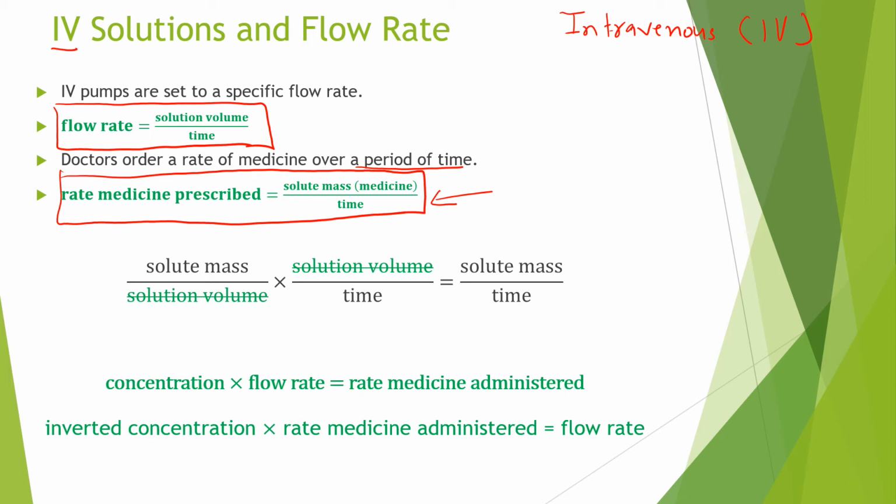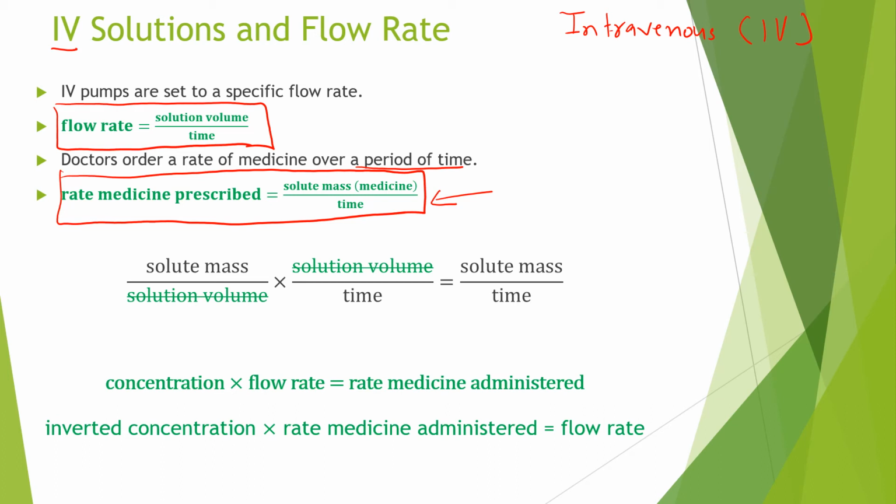The rate at which a medicine should be administered is usually given in units of grams per hour or milligrams per minute. Rates are conversion factors, and therefore they can be used as is or in their inverted form.